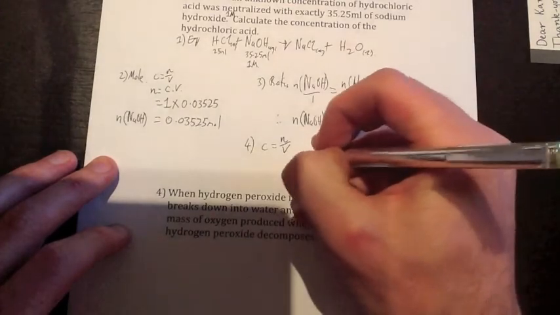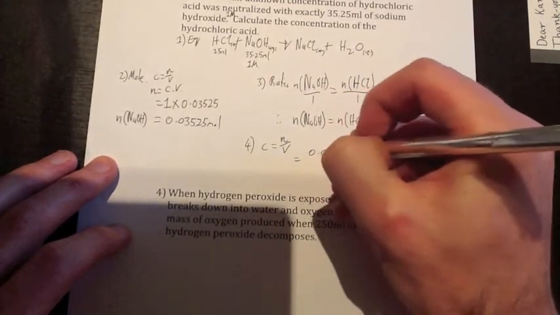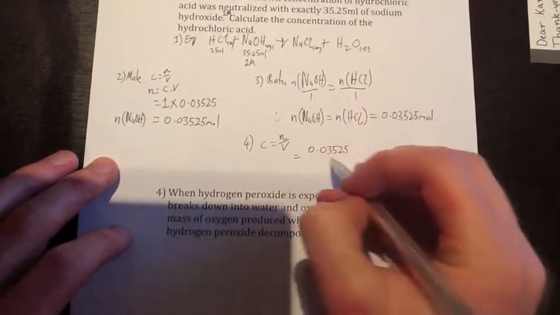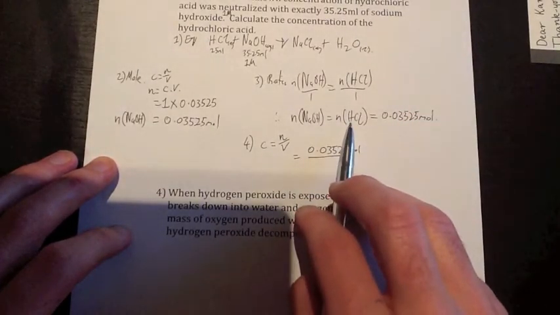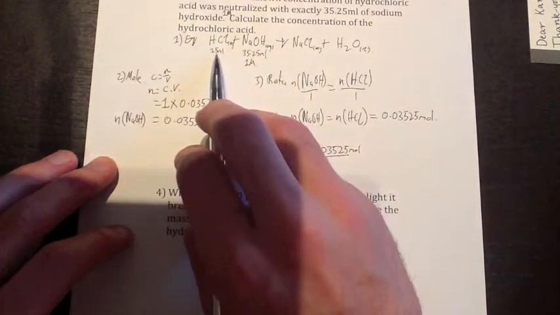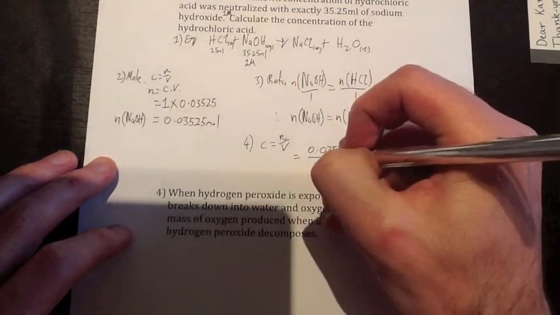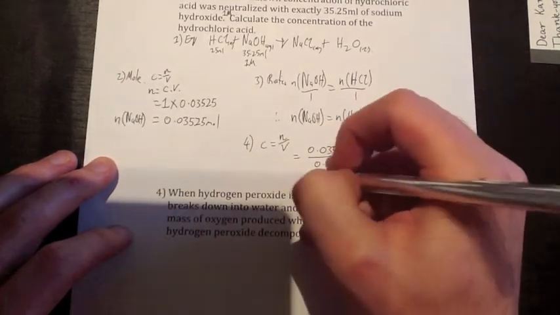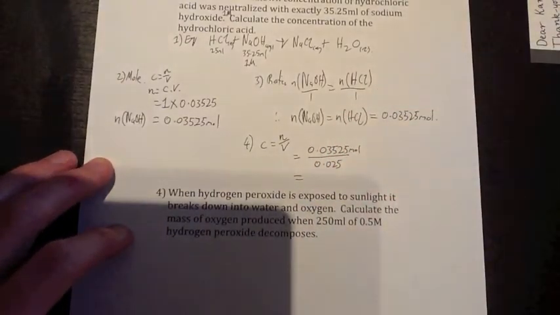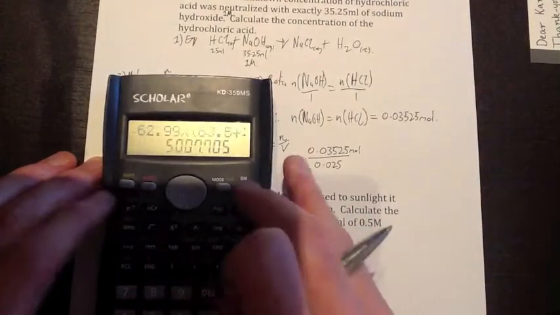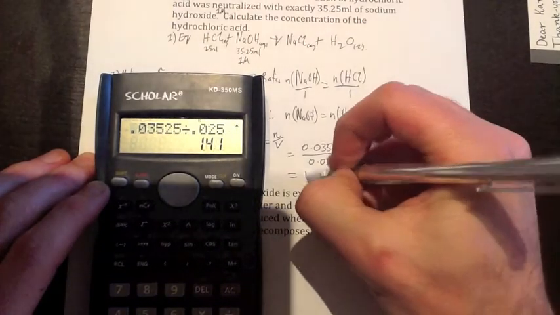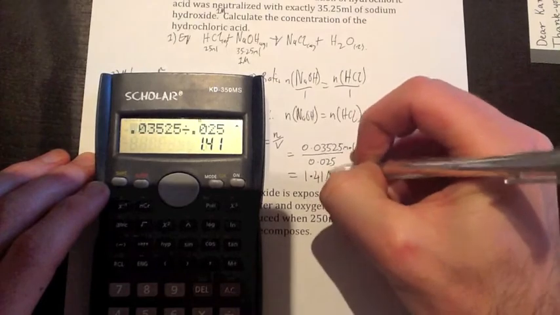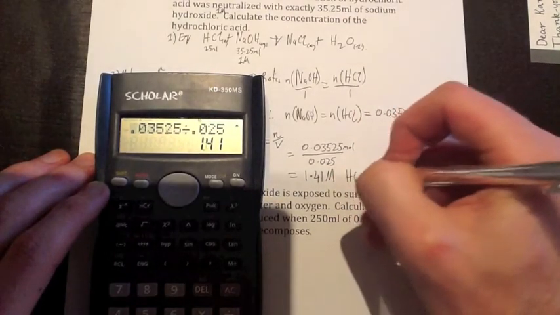So it equals number of moles 0.03525 divided by our volume of hydrochloric acid, 25 mils, which is 0.025, and that equals, trusty calculator as well, 0.03525 divided by 0.025, 1.41 molar HCl.